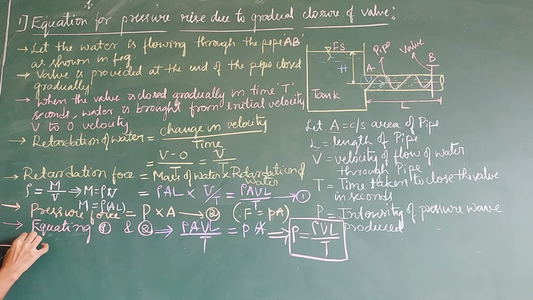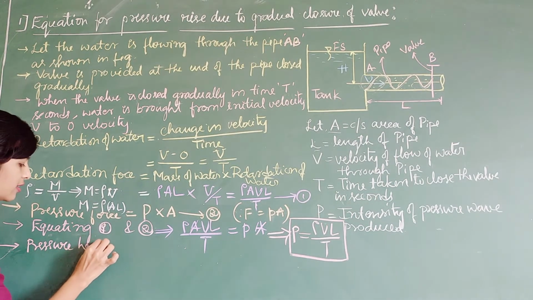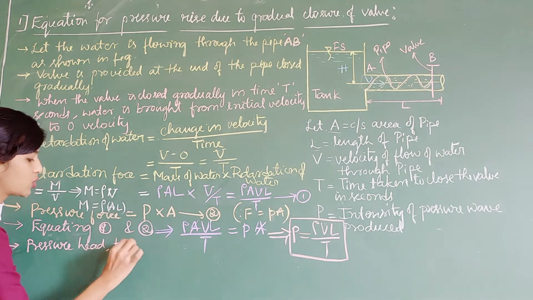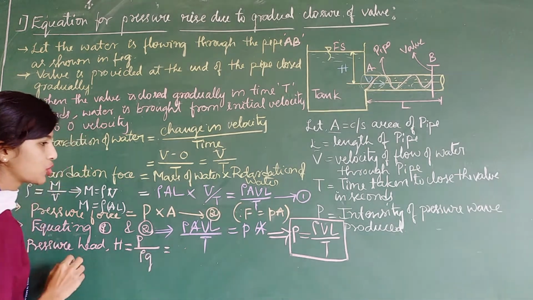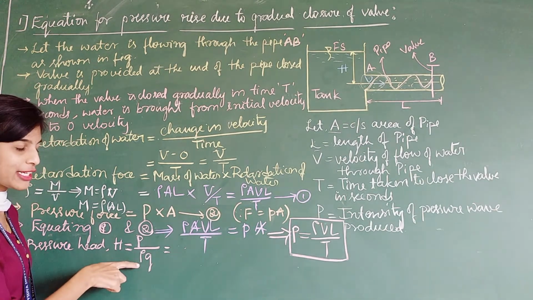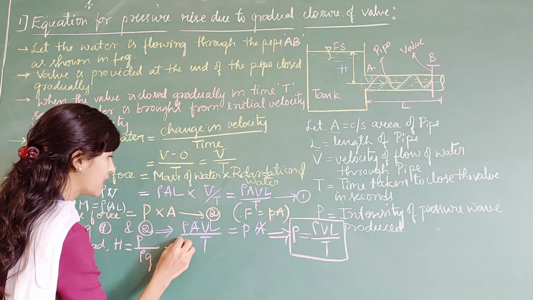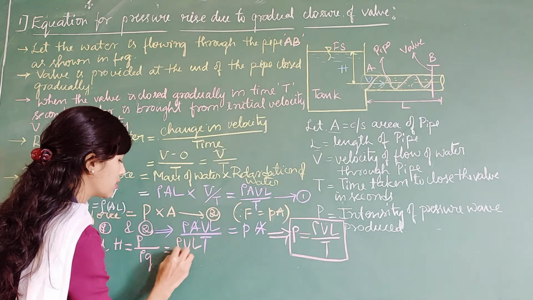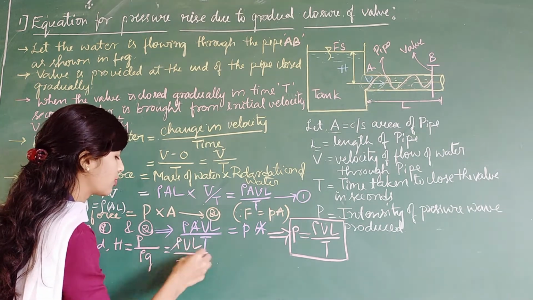Now the pressure head, we know the pressure head H is equal to P divided by rho G. If you substitute that rho V L by T here, another rho is in the denominator, so rho will get cancelled.